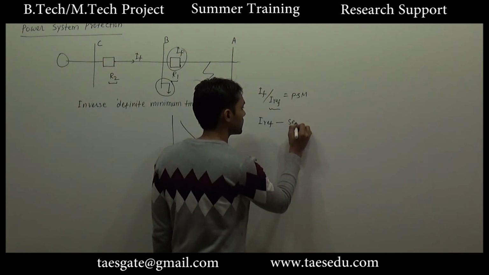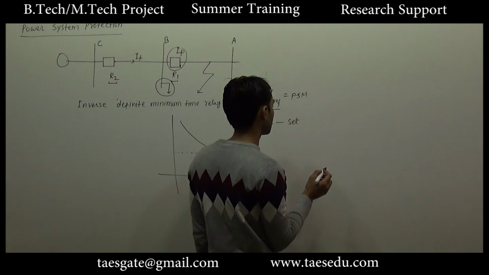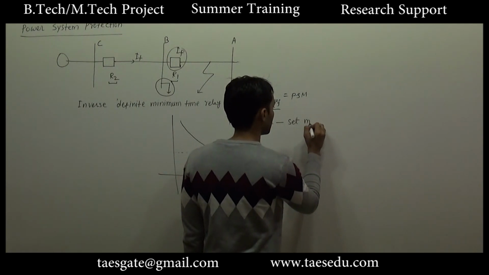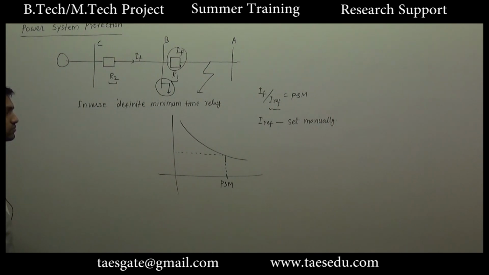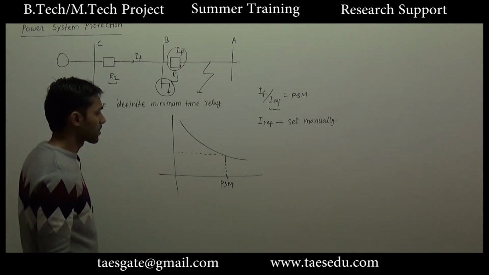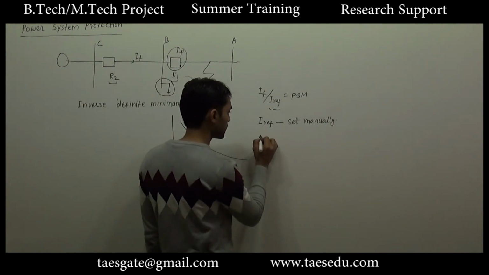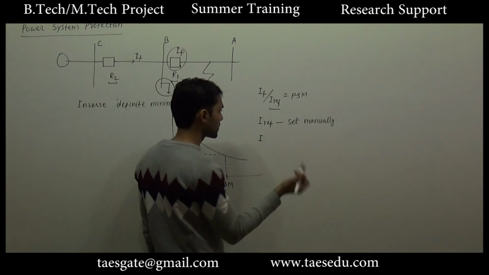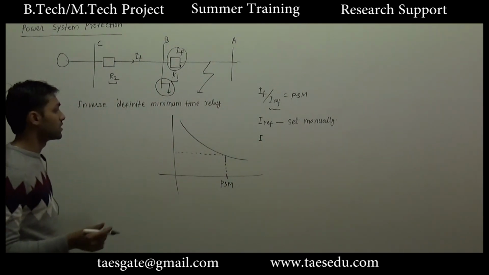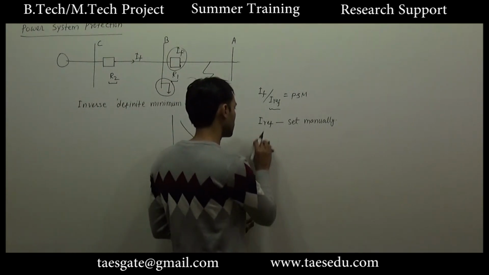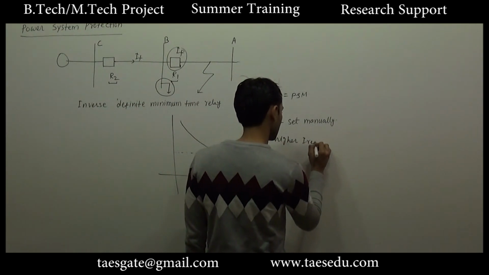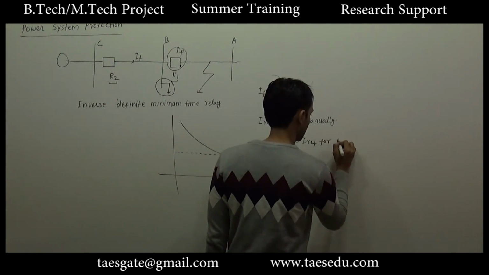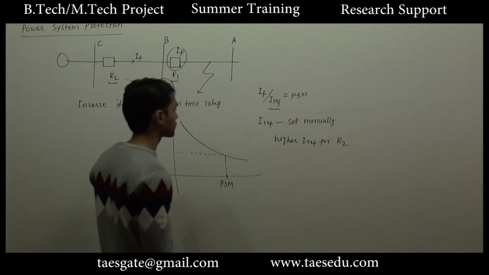So let's say we set a higher I reference for relay 2.